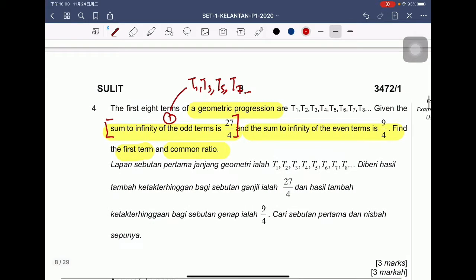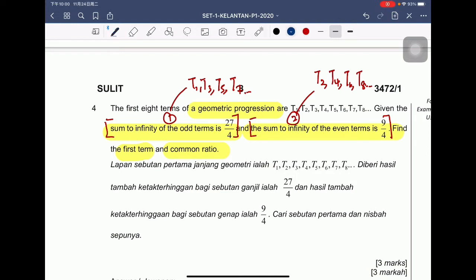However, the second equation, the sum to infinity of the even terms is 9/4, will involve T2, T4, T6, T8, and so on. So from here, we got two equations. Let's look at the equations one by one.